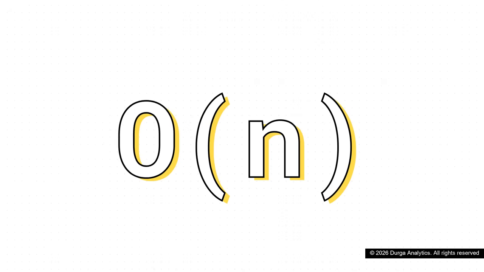For our Fibonacci example, a single change, just adding a lookup table, collapses the exponential O of 2 to the n execution time straight down to linear O of n. Think about that for a second. It is the literal difference between a process taking millions of years to compute and returning an answer in milliseconds. It's a total game changer.